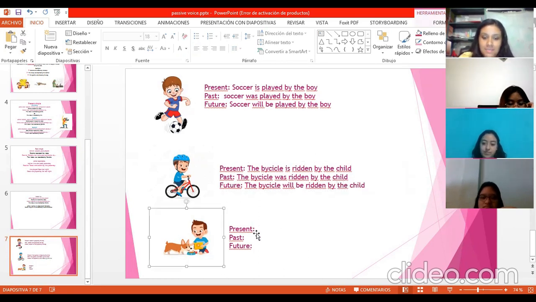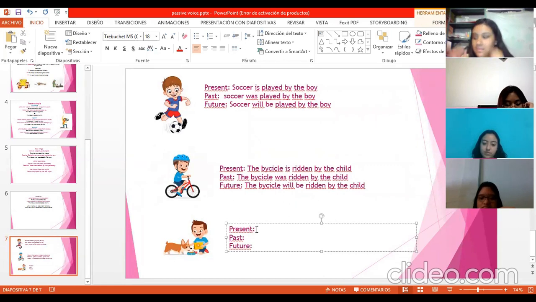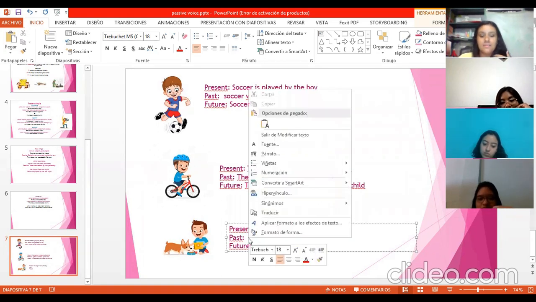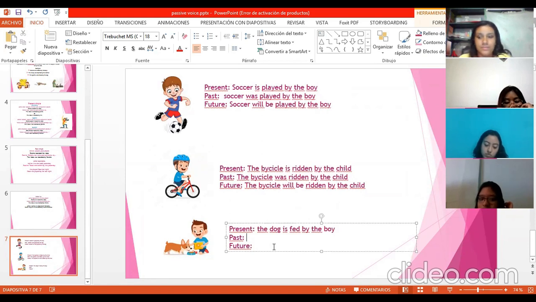And finally, the last picture. Somebody knows? Present: the dog is fed by the boy. In past: the dog was fed by the boy.